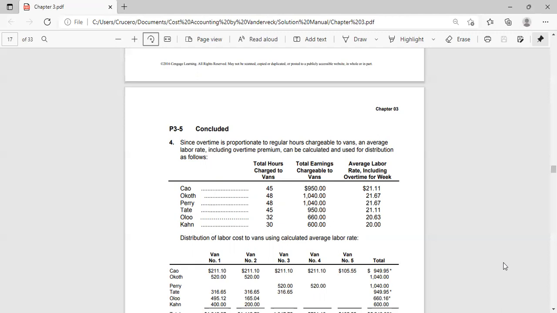Now depending, because we have allocations to the various vans with regards to the time. So for example, for van number 1, Cow has spent 10 hours. So if you use the average rate of 21.11 to van number 1, that's 211.10. And to van number 2 is still 10. So 211.10, the same with van number 3 and van number 4.